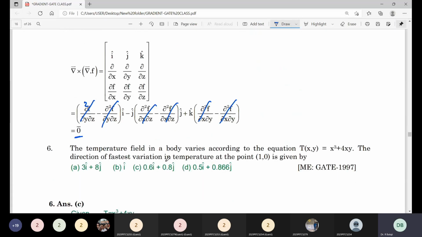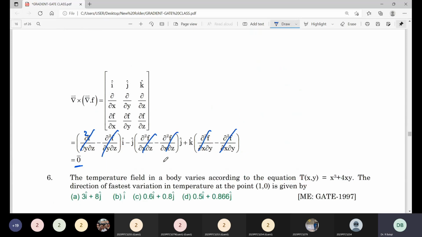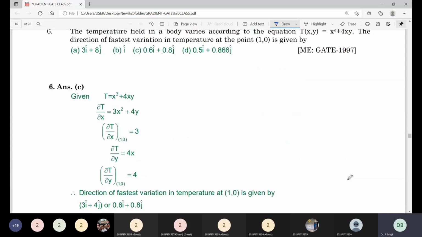Now, the temperature field in a body varies according to the equation T(x, y) equal to x cubed plus 4xy. The direction of the fastest variation in temperature at the point (1, 0) is given by... Given T equal to x cubed plus 4xy, first I partially differentiate this temperature with respect to x and with respect to y.